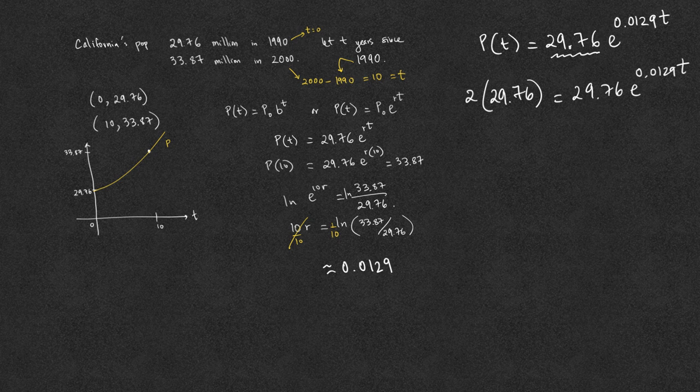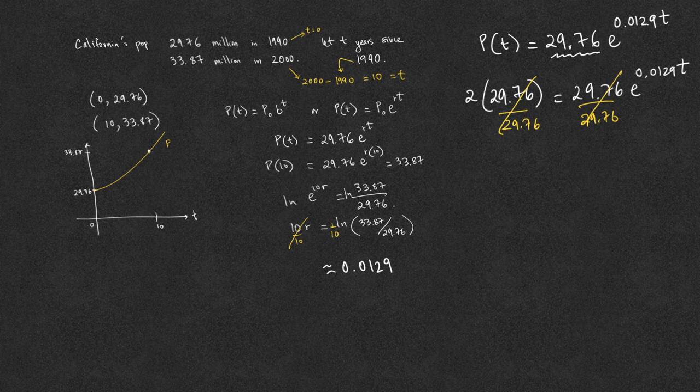When we find the doubling time, it doesn't really matter what the initial population is, because we can divide both sides by 29.76, and that number will cancel out.